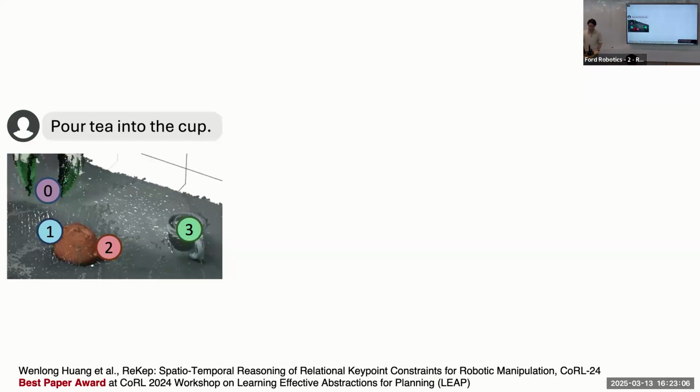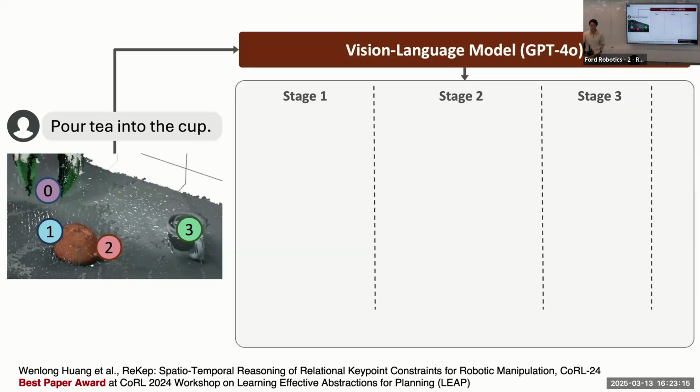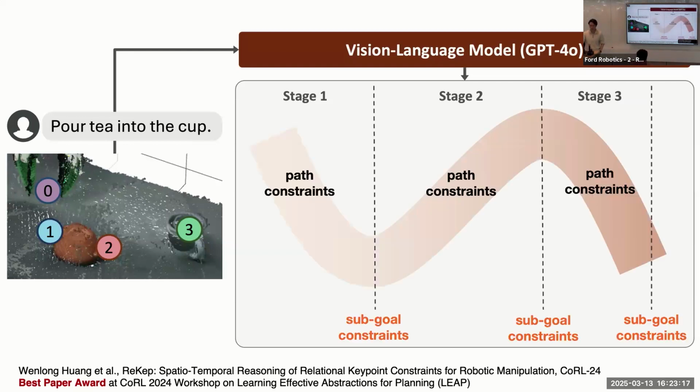Then, given these visual observations and the key point overlay, together with the language instructions, we feed them through a vision language model. It will first decompose the task into several stages. It will then generate two types of constraints, both sub-goal constraints and path constraints. Sub-goal constraints describe how the key points should be related to each other at the end of the task stage, and the path constraints specify how those key points should be constrained during the execution of that stage.